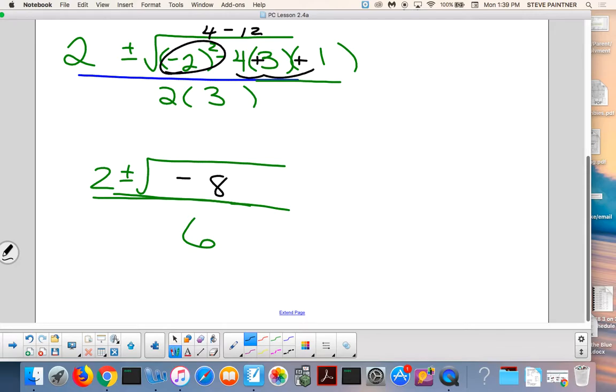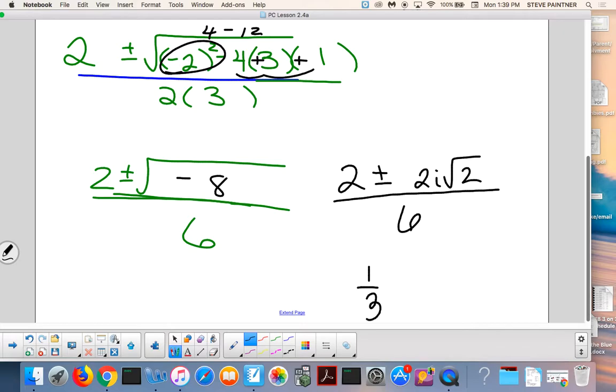Here we go. 2 plus or minus 2i square root of 2. Right? Look at what you have. You have a real part of 2 over 6, which is 1/3, plus or minus 2 over 6 again is 1/3, but I could just write 1/3 i square root of 2.